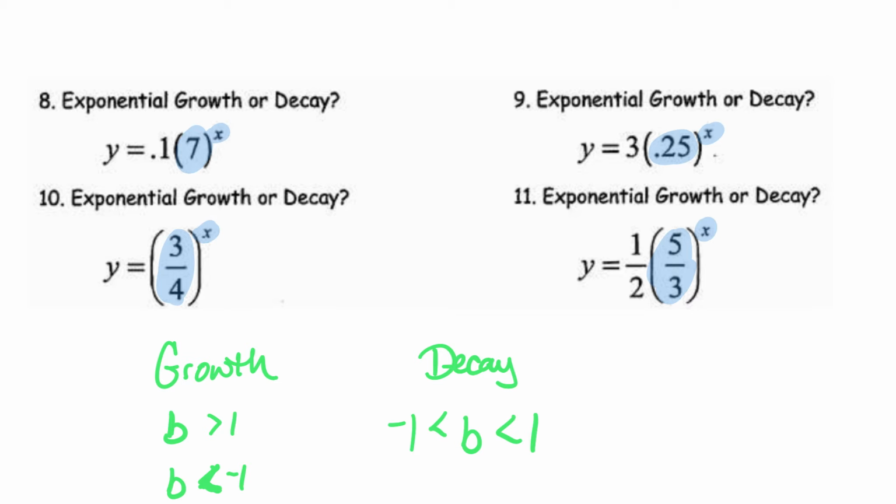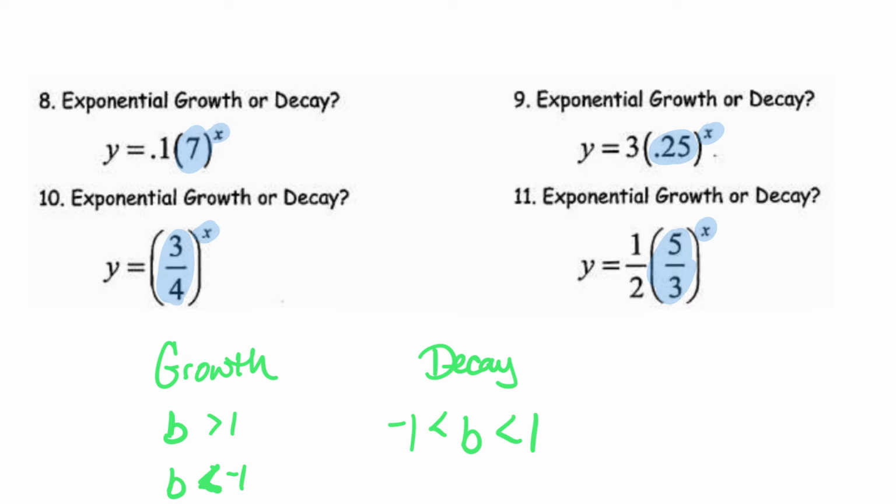So it's got to be between -1 and +1. I hesitate to say fraction because 5/4 is a fraction, but it is a fraction that is higher than 1. If you're not sure, put it in your calculator, see if the value comes out to a number higher than 1. But we are basically looking for a value that is between -1 and +1 to distinguish if it's decay.